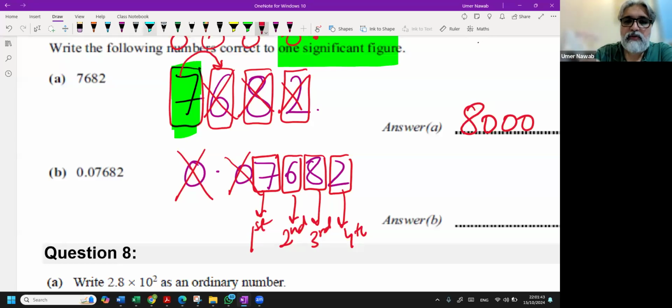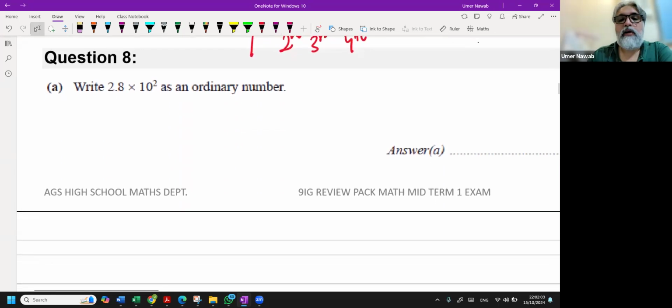As I want to write this number to one significant, so 7. After 7, I have 6, so I will raise the 7 by 1. It becomes 8, 0.08. This number is written to one significant figure.